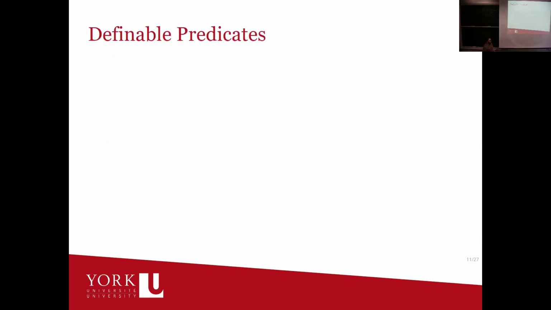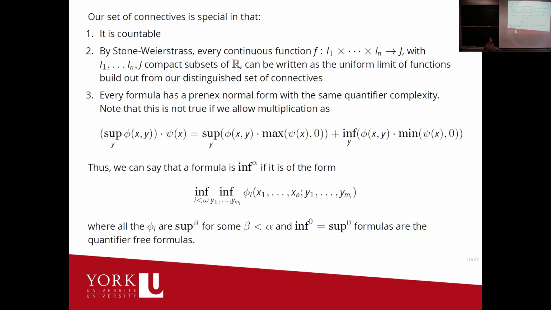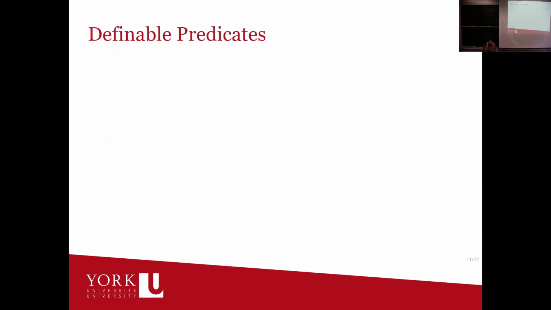But this sort of leaves up the question of what do we do with uniform limits? Because again, you don't have full expressive power with just the formulas because I don't have all of the functions. And in fact, even if you add all the functions, you still want for certain reasons to be closed under uniform limits. So let me talk about one of the ways in which you close under uniform limits, which is called definable predicates, which I hate the name because they're neither definable nor predicates.